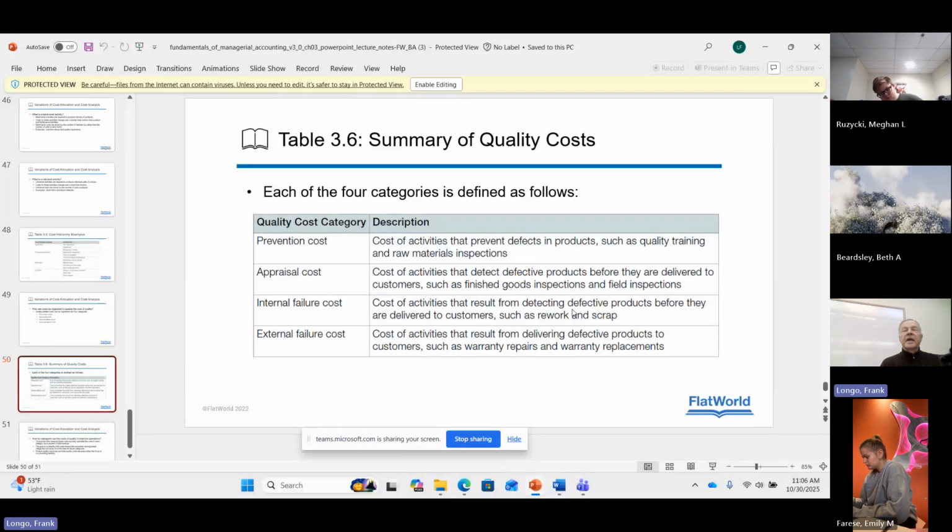There's a cost associated with replacing the product, delivering more products to them. In effect, when they replace the product, every bag of chips that they sent out cost them twice as much. One, for the bags that were defective, and two, for what was sent out to replace it. That cost them money. So that's an external failure cost.